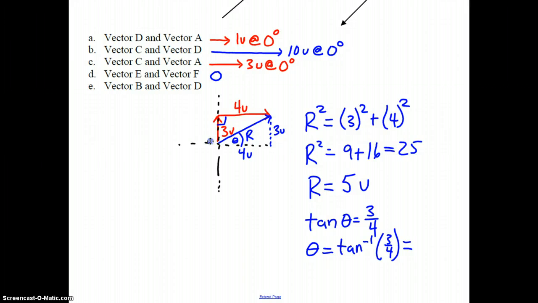And I believe we would find that angle to be 37 degrees, 2 digits. So our final answer here is that the resultant would be 5 units at 37 degrees with respect to the rectangular coordinate system that we have outlined in this problem. Okay? So that's how you handle when vectors are at 90 degrees to each other.